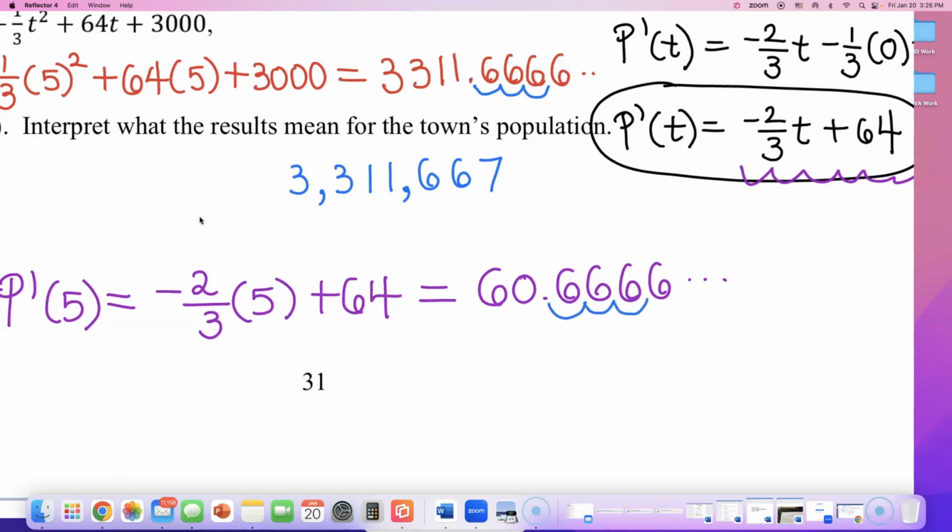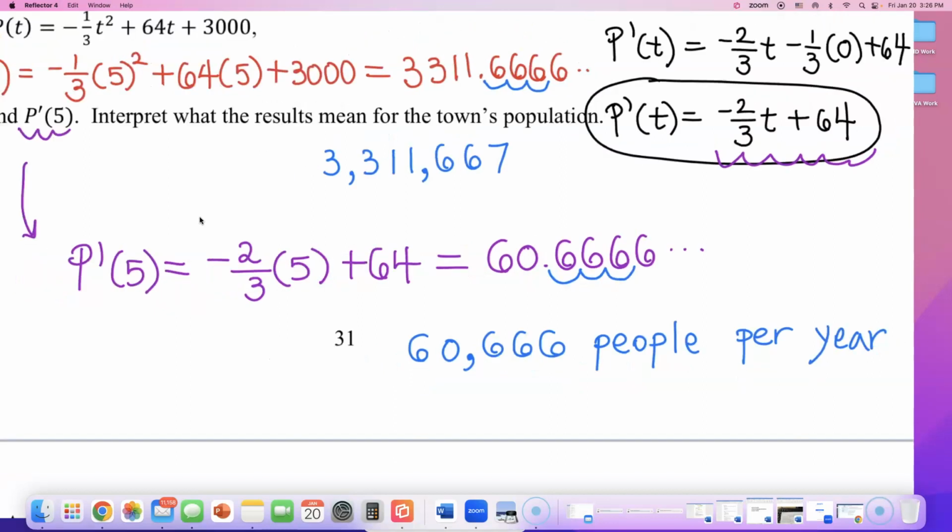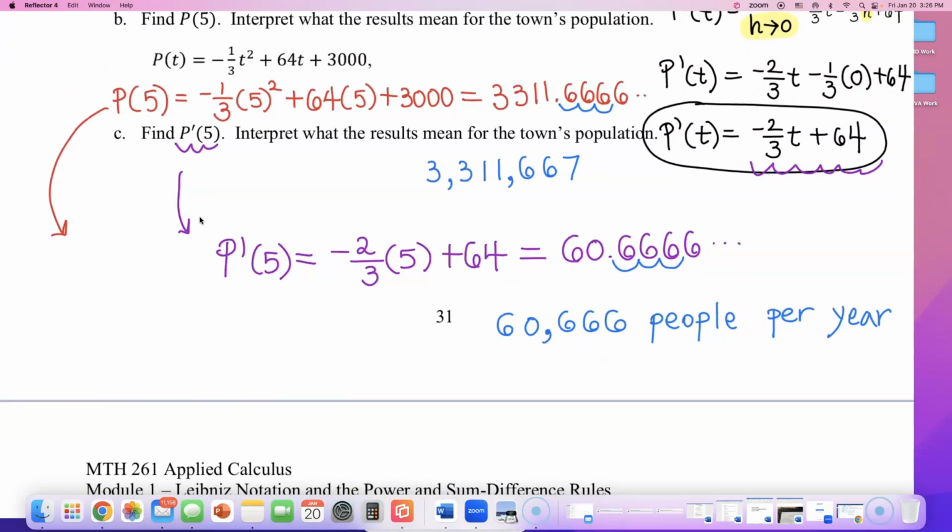So I'll say my answer is 60,666, but what? 60,666 people per year. Okay. Remember, derivative is about the change, the instantaneous change at this year.